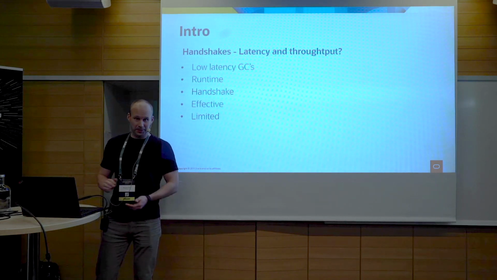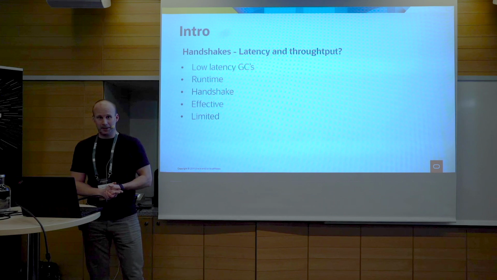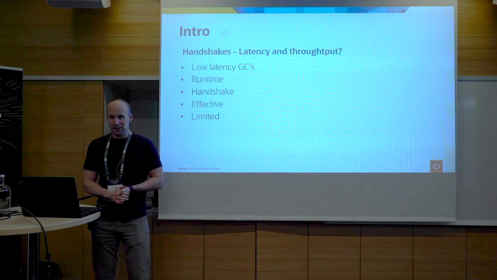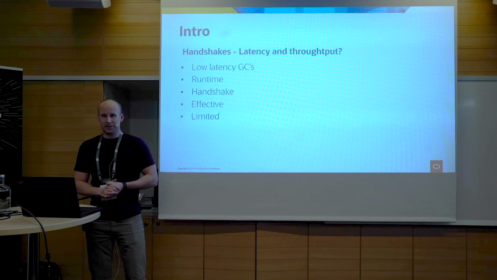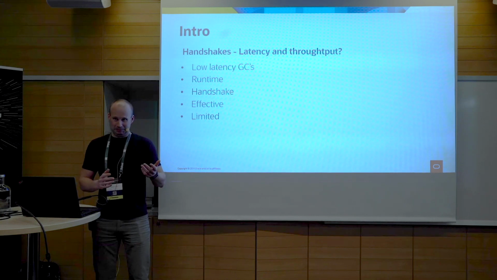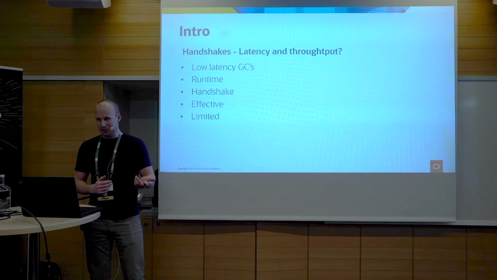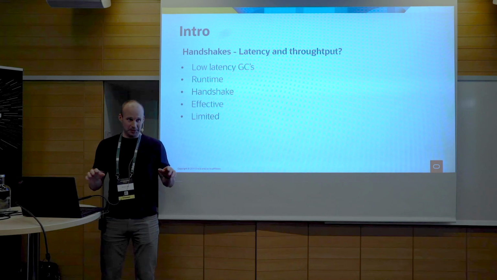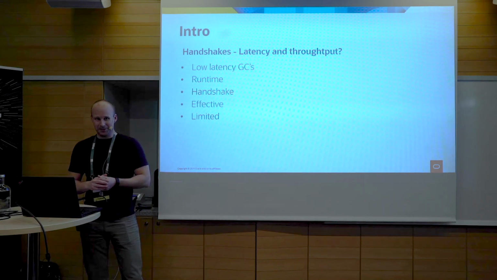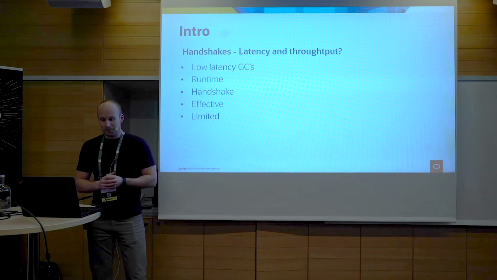In recent years, we have gained a couple of low latency GCs in the OpenJDK HotSpot source, and they have exposed some problems with the runtime, because the GC used to be so slow that the runtime was never an issue. But now that the GC is actually pretty fast, we have seen some issues in the runtime.